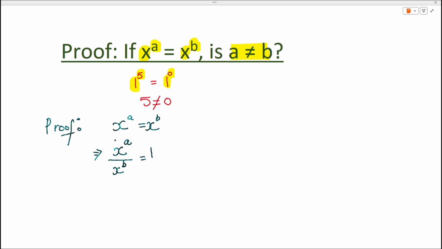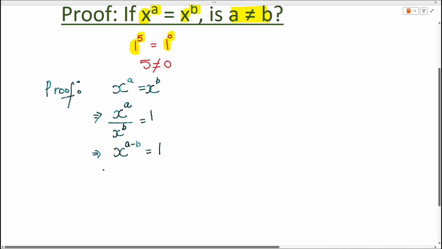So I just got this into division. Now using the quotient rule of exponents, because the bases are the same, the exponents will be subtracted, which means I can write it down as x raised to the power of a minus b, and this is equal to 1. Now let me take log on both sides.